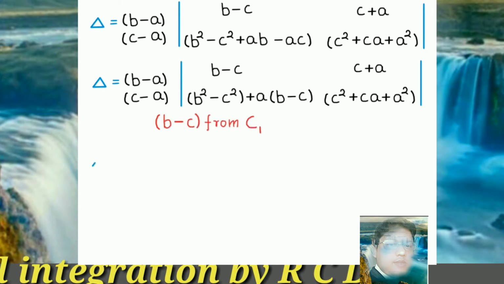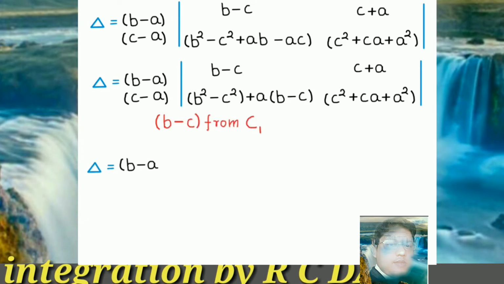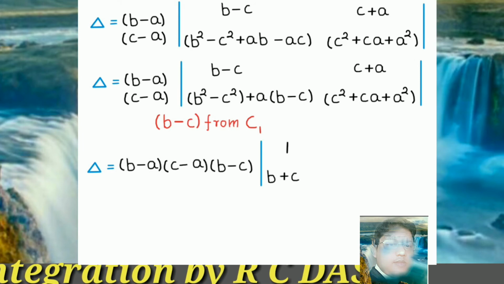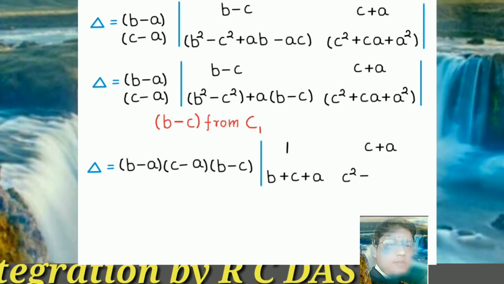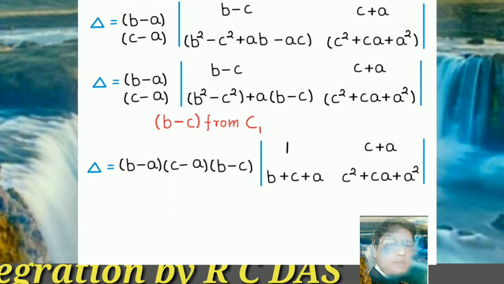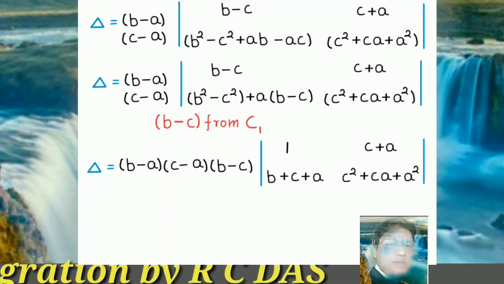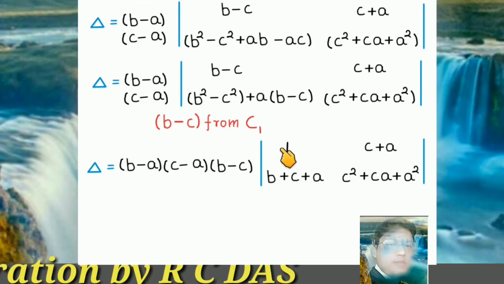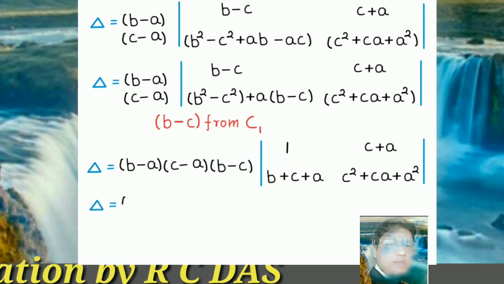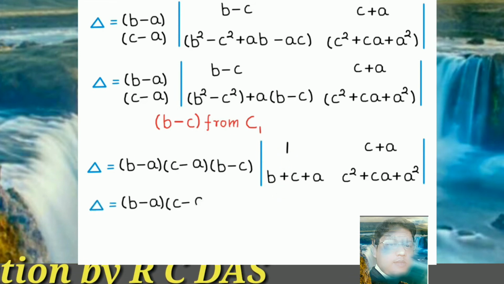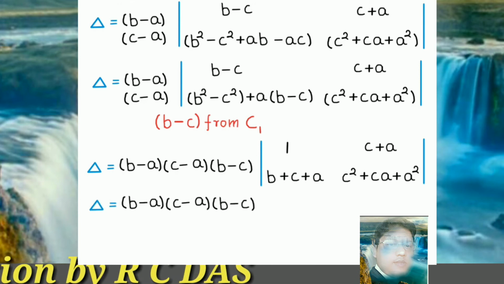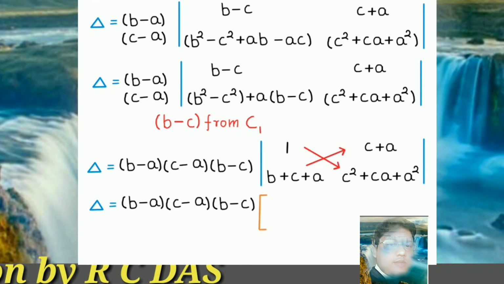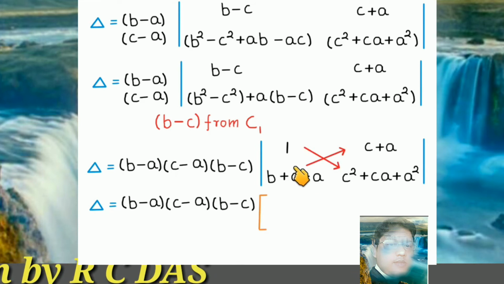B minus c from the c1, then I get b minus a, c minus a, b minus c, and the remaining portions you have to write as it is. So my students, if I expand from c1 or r1, then I will get the right side.